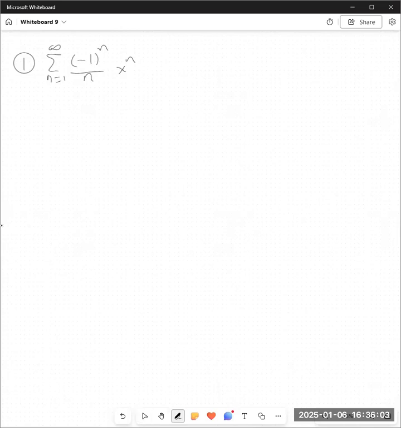So I'm going to use the ratio test here: limit as n goes to infinity of the absolute value of (-1)^(n+1) x^(n+1) over n plus 1, times the reciprocal of this, which is n over (-1)^n x^n.